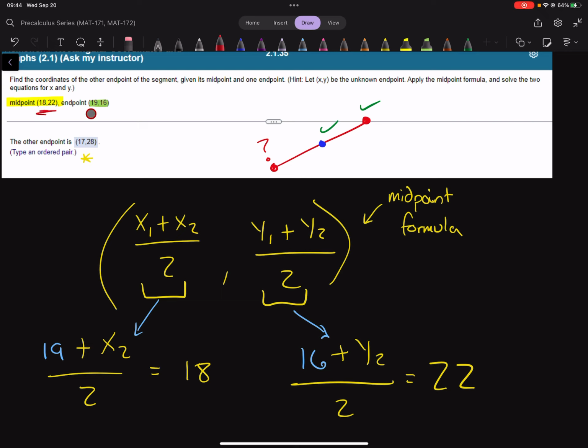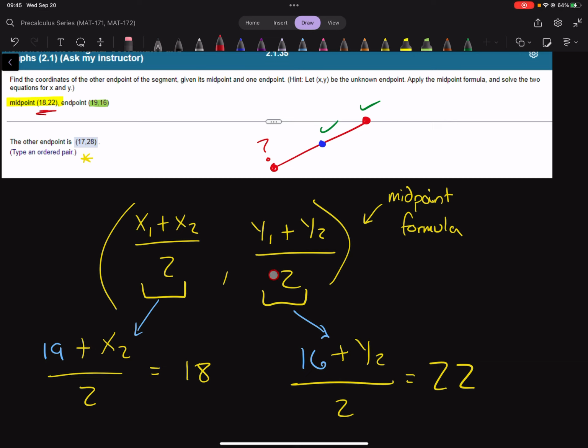And I'm substituting in 19 for one of the x values because this is the x coordinate of the endpoint. This is the x coordinate of the midpoint. And we can set this up to solve for the endpoint coordinate we don't know.